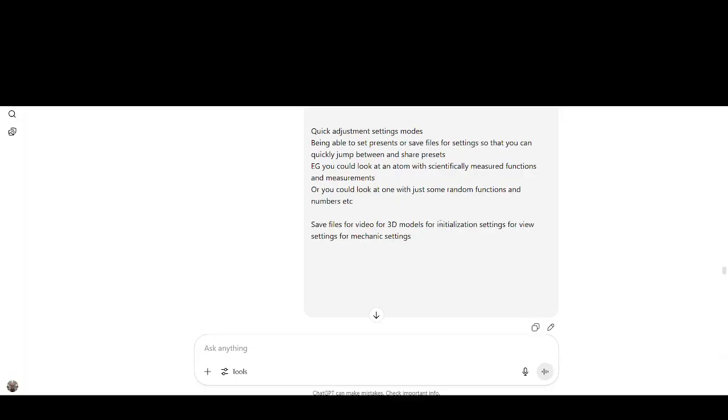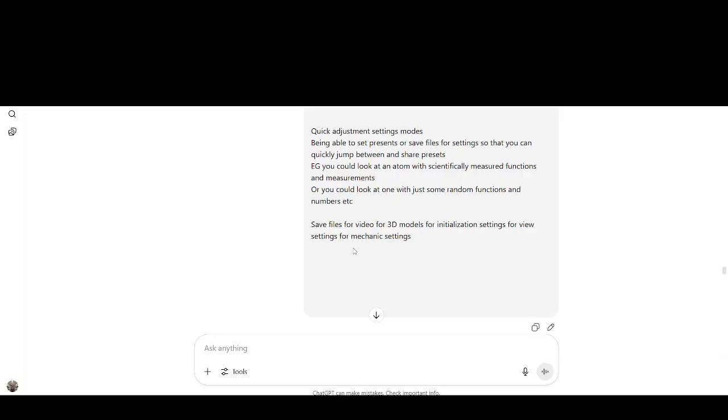So for the starting settings that you set up in a simulation with, for view settings, like what angle you're looking at. You could set up camera choreography, so you could tell the camera to pan to the right, or orbit in a circle, or move like a spaceship going in and around the various things.